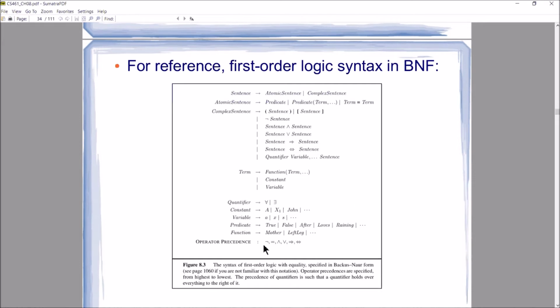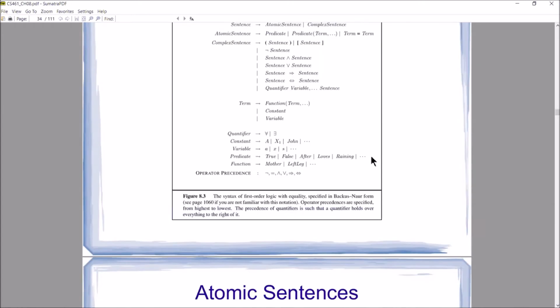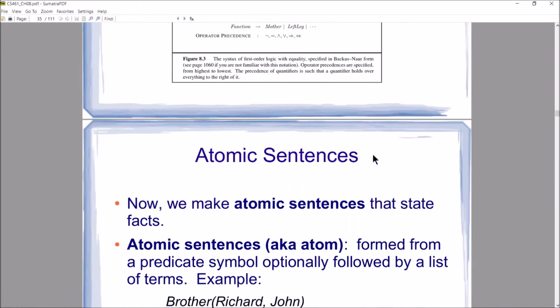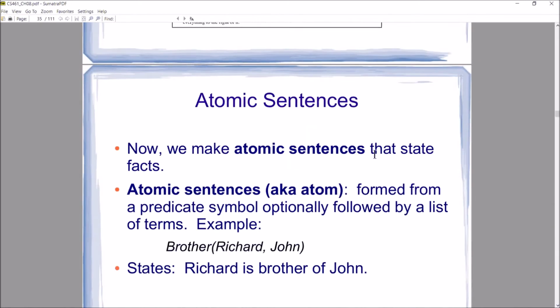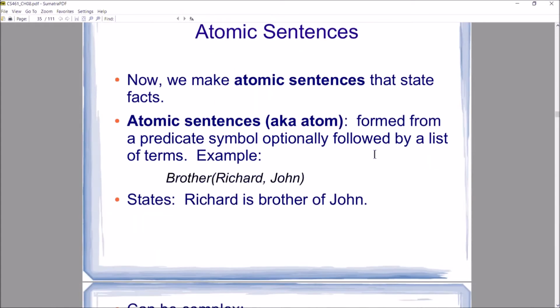And you're going to see that we're going to be able to combine some of this new stuff with some of the old stuff, creating more complex sentences using those logical connectives that we saw in propositional logic.